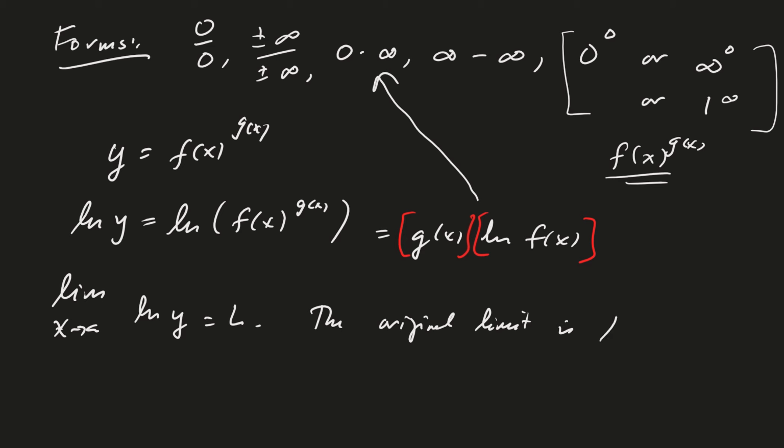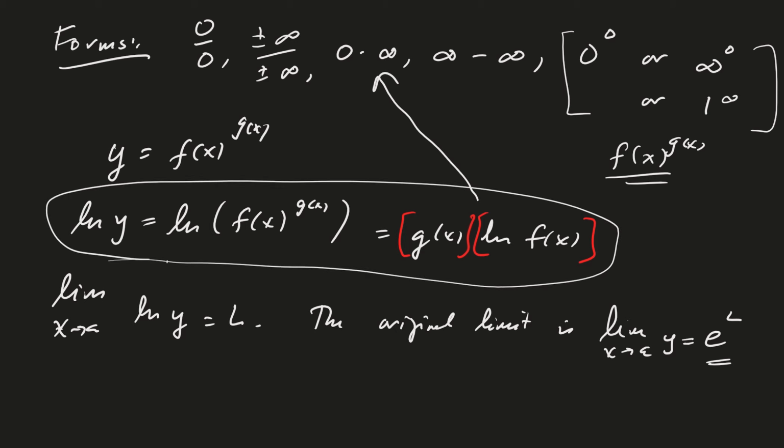So the limit as x approaches a of y is equal to e to the L, right? Once you're finished computing the limit using the log, this is a two-step process. Take the logs first, and then once you find this limit, exponentiate to get your answer.